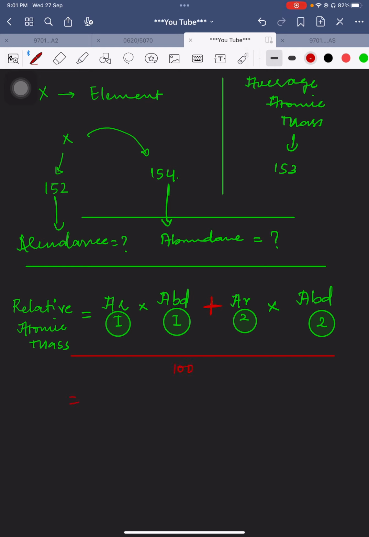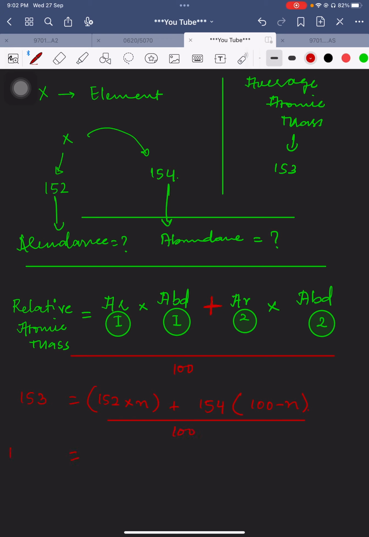So this will be 153 is equal to 152 times n, where for example its abundance is considered as n, you may consider x as well, plus 154 times 100 minus n, divided by 100. It's a simple mathematical calculation.